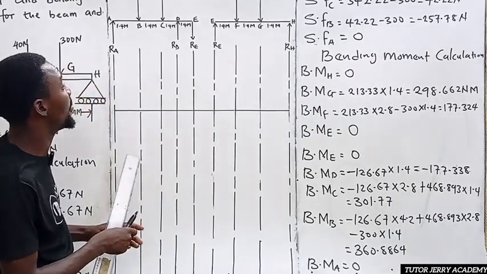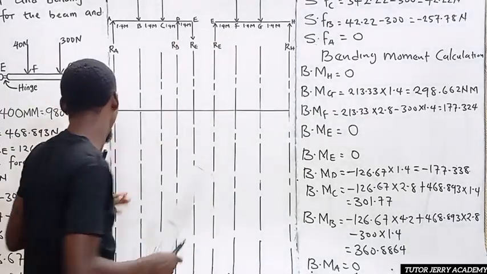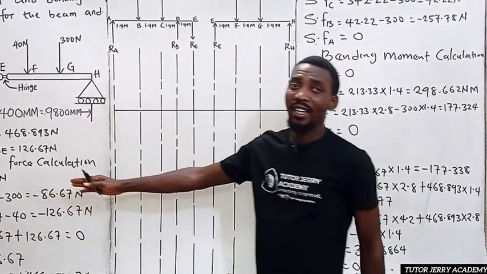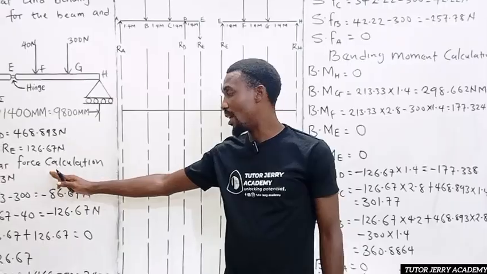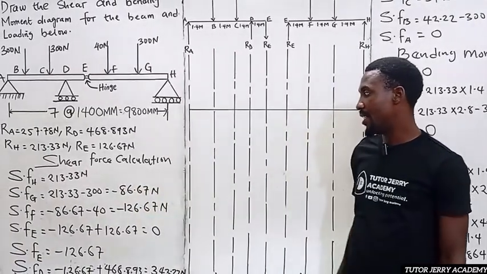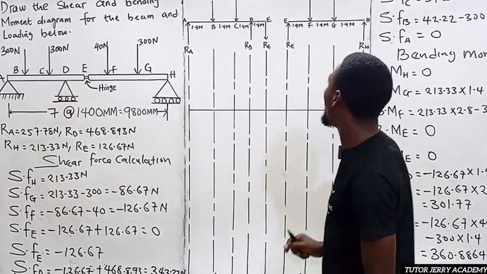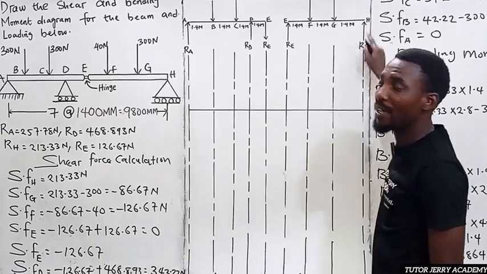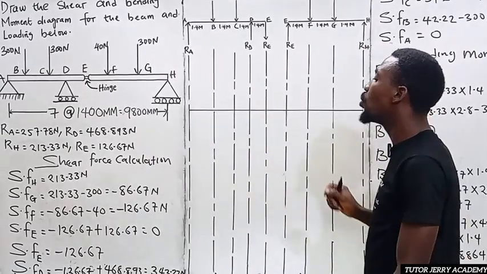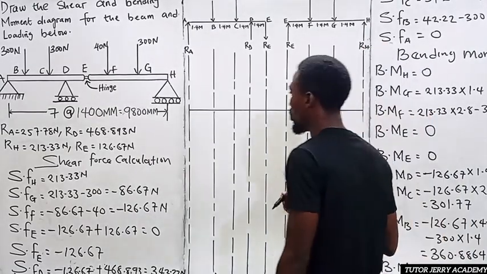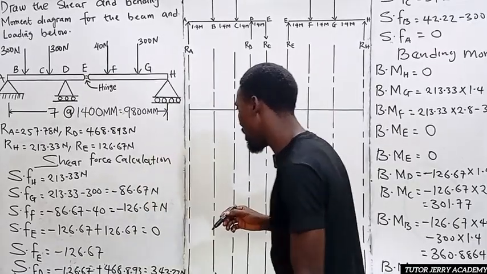So we are going to be drawing the shear force diagram. Now for the first beam, here are all the shear force calculations that we did. Here we have the shear force at point H. The shear force at point H is 213.33. Let's check for the highest value first.